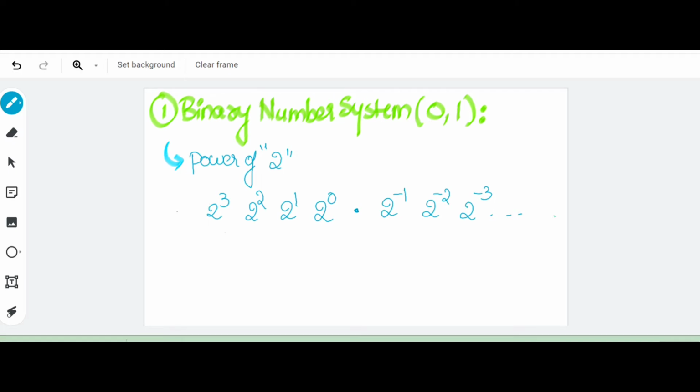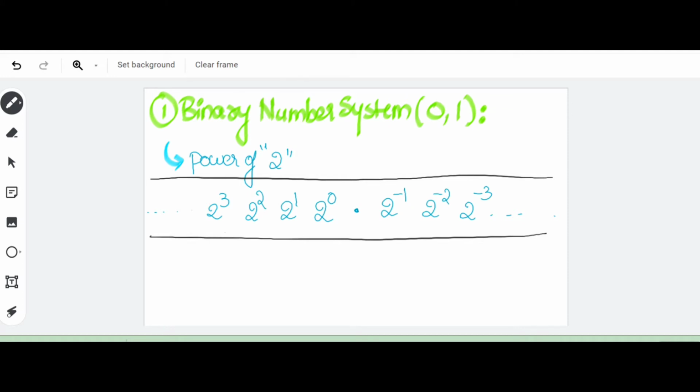Here each digit is considered as a bit, remember, and this bit is called the most significant bit, that is MSB. This is one type of representation, and here MSB is in the positive powers.